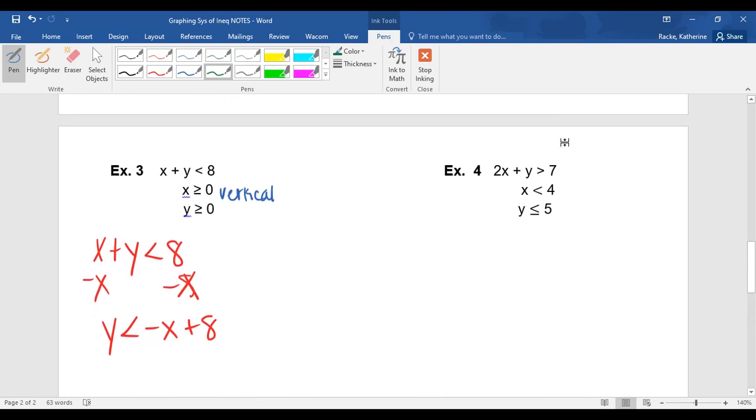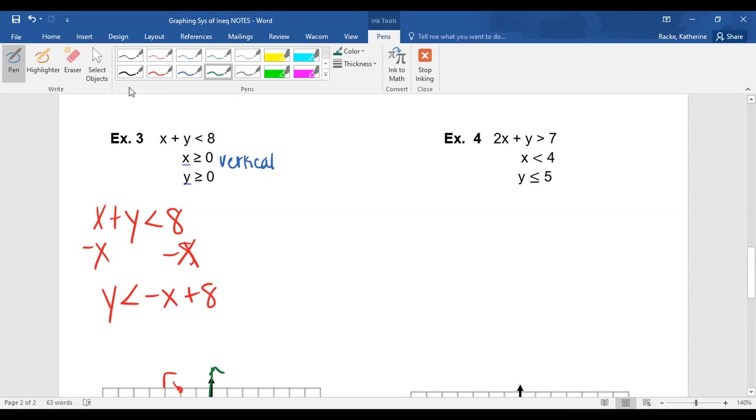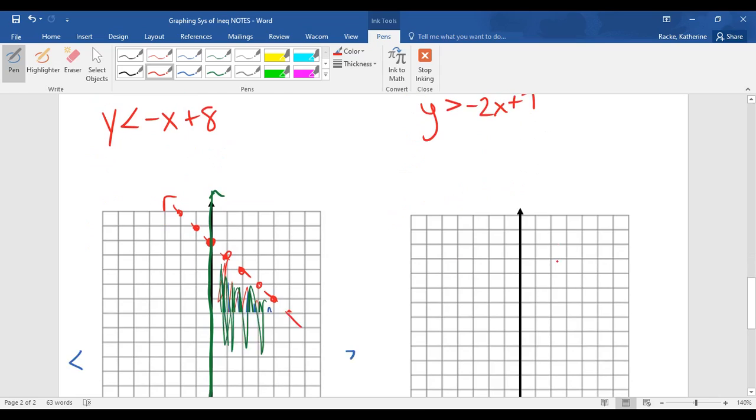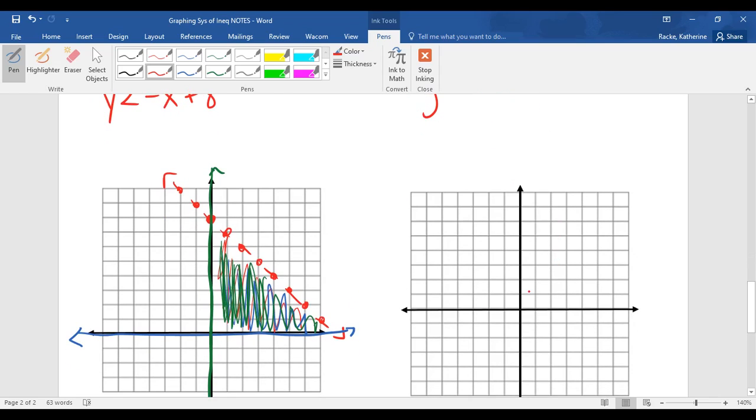All right, example 4, doing the same thing, taking that first equation and getting y by itself. So subtracting 2x on both sides, I get y is greater than negative 2x plus 7. Go ahead and graph that. Plus 7.